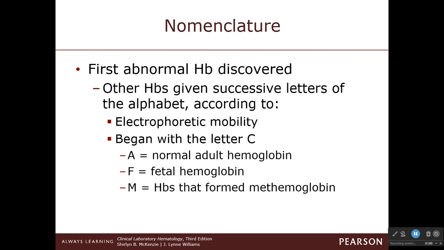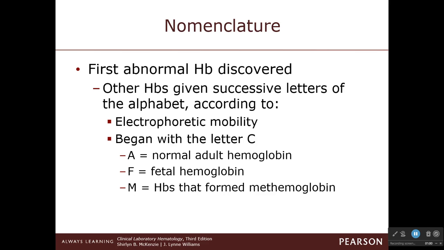But then we started discovering other abnormal ones. So other hemoglobins were given successive letters of the alphabet. But then we started seeing some weird stuff. A group of people in Chicago had hemoglobin S, but it wasn't like the people in New York City.